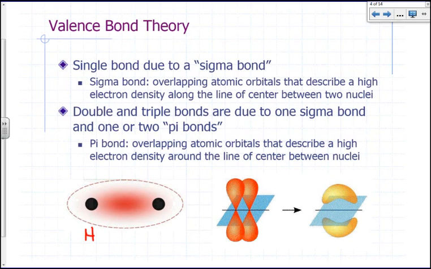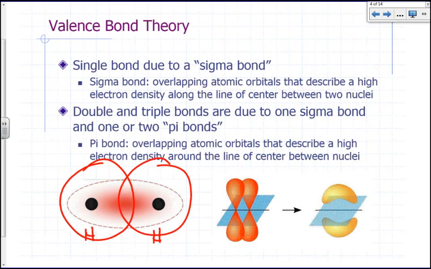For example, imagine you have two hydrogen atoms. If you have a 1s orbital from this hydrogen and a 1s orbital from this hydrogen, and if they are in phase, in other words, where they overlap, they both have the same algebraic sign, then you get what's called positive interference, constructive interference, and so you get a high electron density between the two.